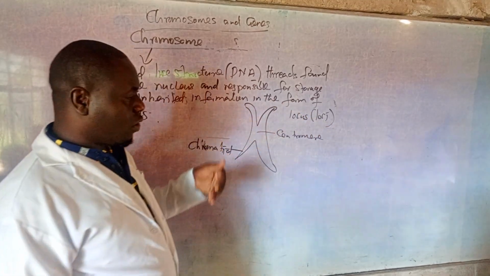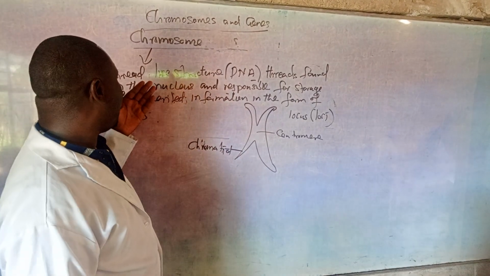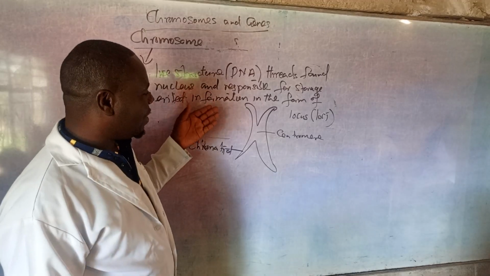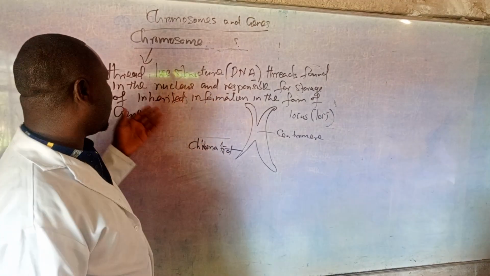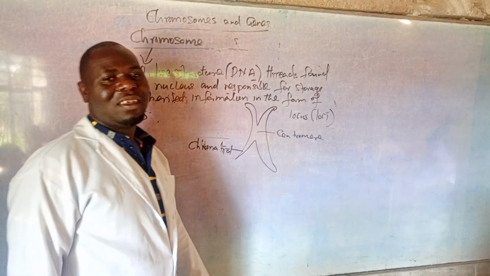So define a chromosome: a chromosome is a DNA thread-like structure found in the nucleus and responsible for storage of inherited information in form of genes.